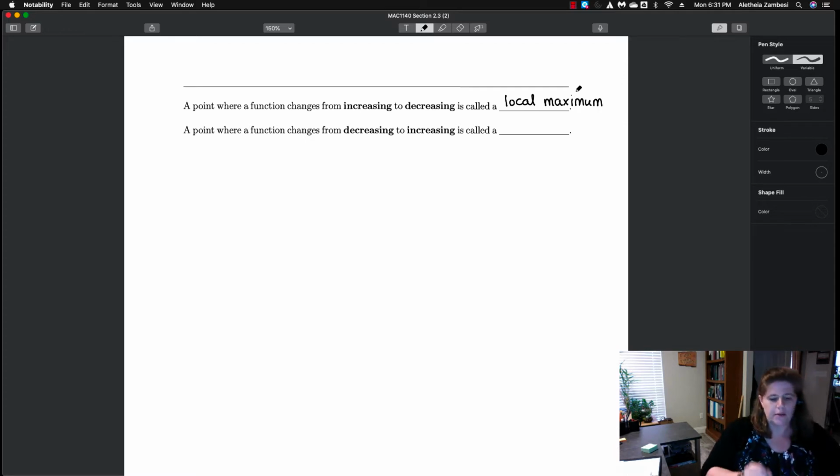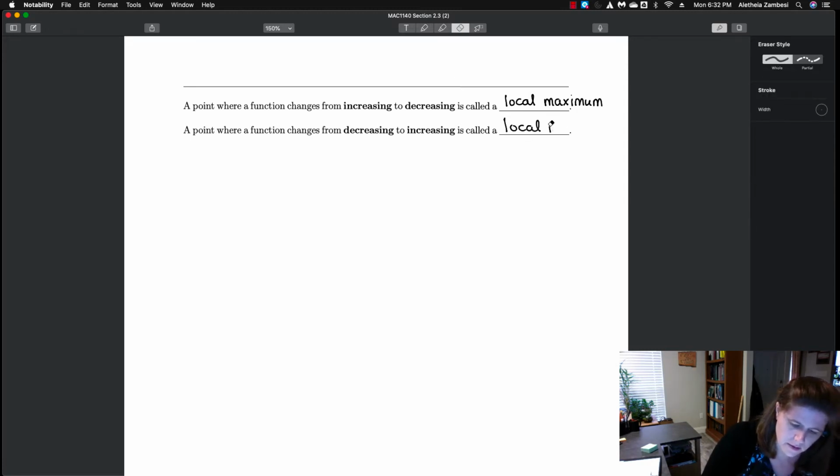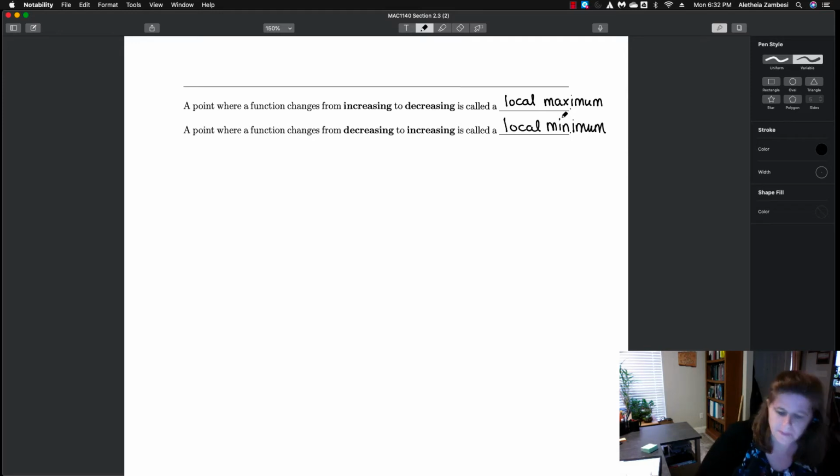If you are at a point where a function changes from decreasing, so it's going down, to increasing, that point down here at the bottom is called a local minimum. If you have more than one of them, we pluralize it by saying maxima or minima instead of minimums or maximums. But that is, you can have more than one local.